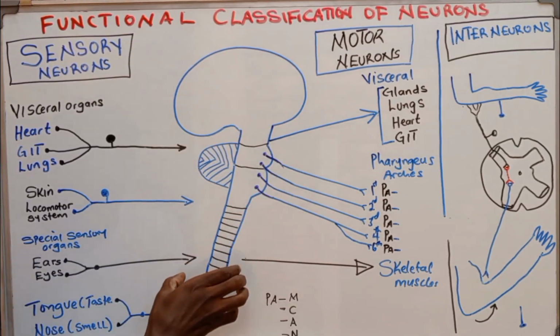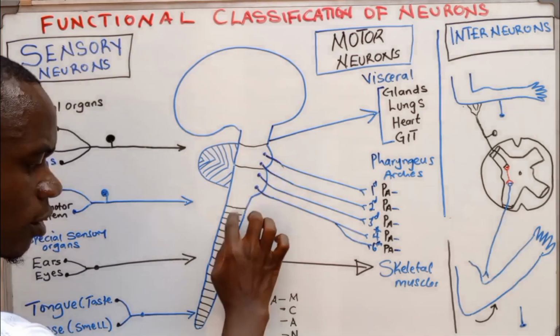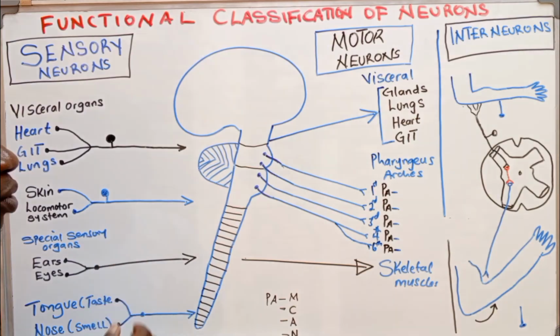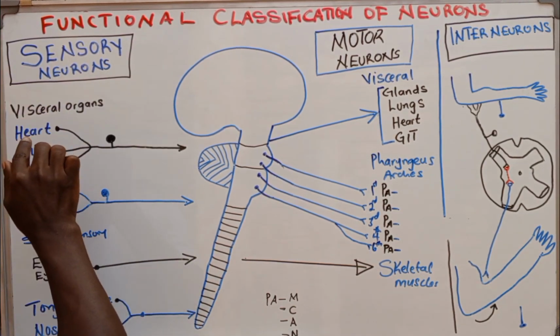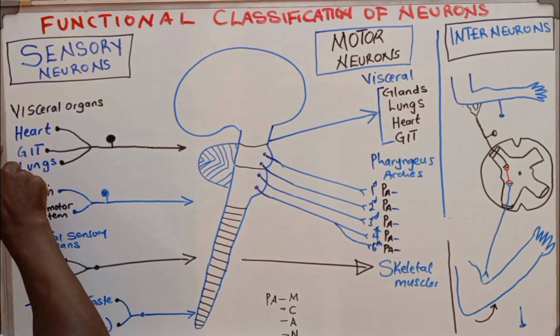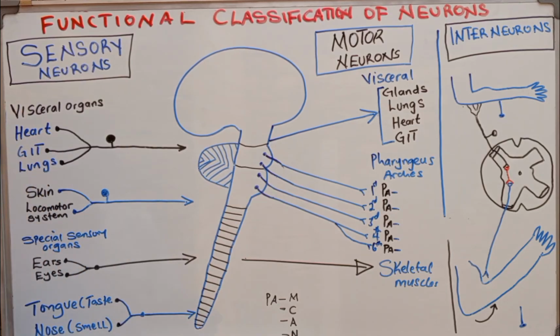This here is our central nervous system, because we have the spinal cord and then the brain. So what are these fibers that carry sensation from the heart, GIT, lungs, and generally all other visceral organs?